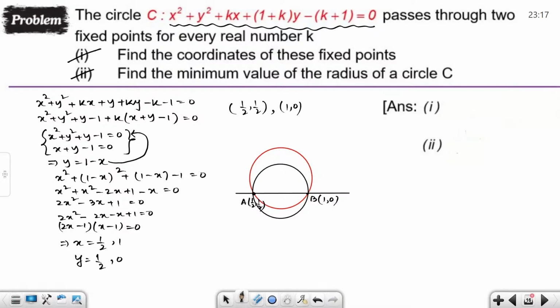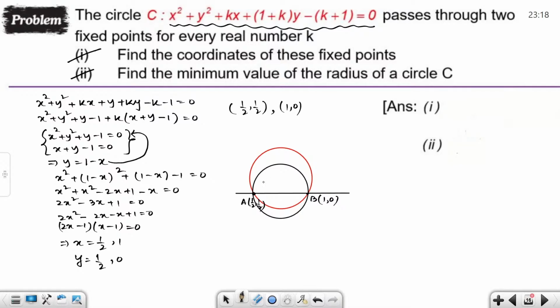Where these A and B are the extremities of the diameter, in that case, this circle will have the minimum radius. Are you getting my point? Because this is that circle whose area is minimum. When A, B, these 2 points are the extremities of the diameter of this circle, then the area of this circle will be minimum. That implies its radius will be minimum.